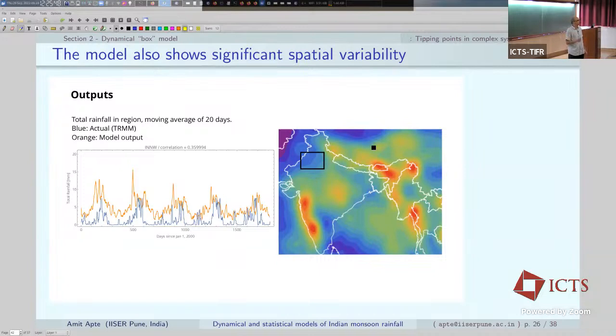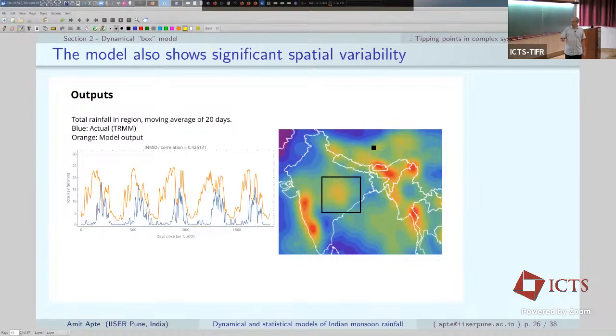And then over space, when you move the box to a different region, what is changing the parameters? What will change is, remember I said there is advection, the moisture and energy coming in and out. If the wind is coming in, moisture will come in. If the wind is going out, for example, energy will be carried out with the wind. Actually, it's more complex than that. If the temperature outside is larger than the temperature inside, then something else happens.